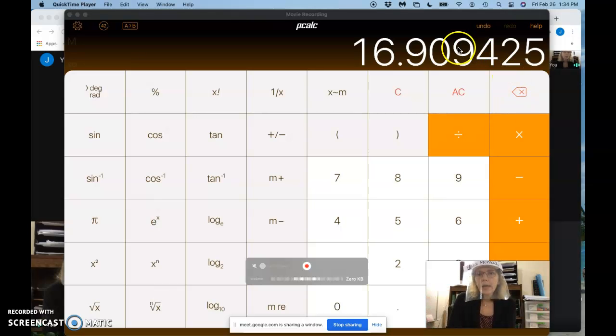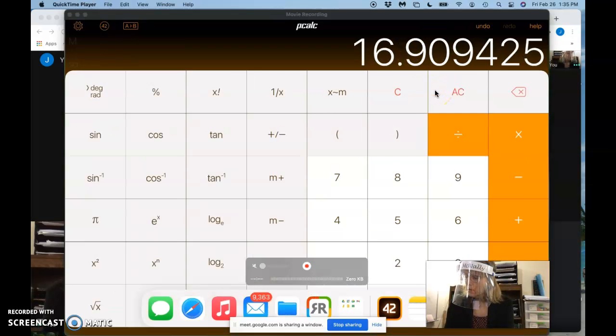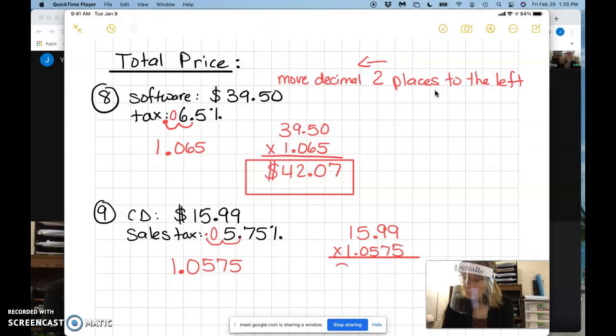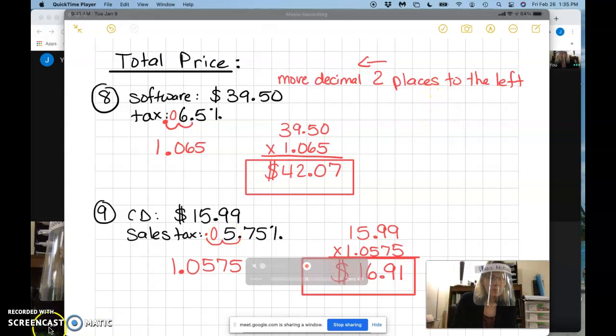I see a 9 here. That's going to make that 0 round up to a 1. So it's going to be $16.91. And that's how much it will cost with the tax.